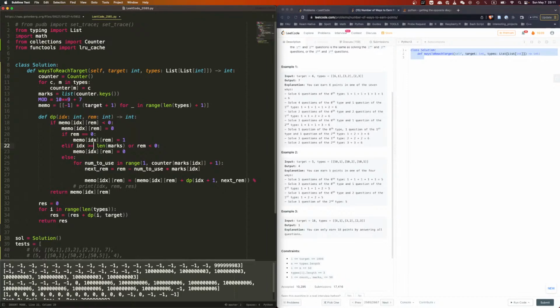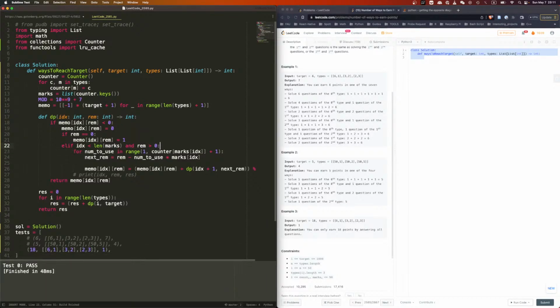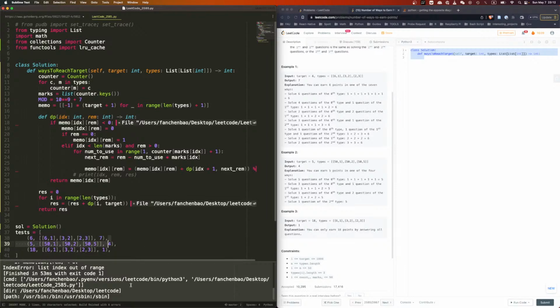Okay, then we say if this is smaller than landmarks, and this is larger than 0, we do this. Okay, this one looks promising.